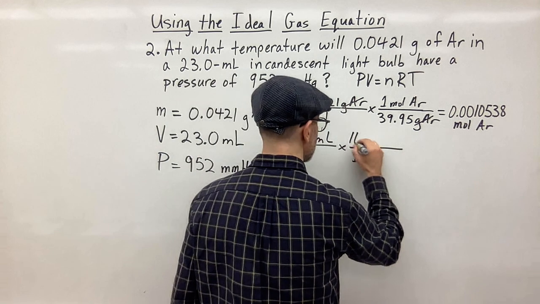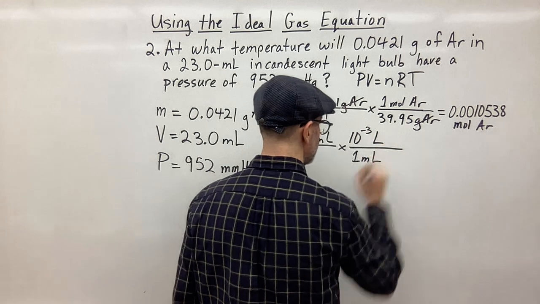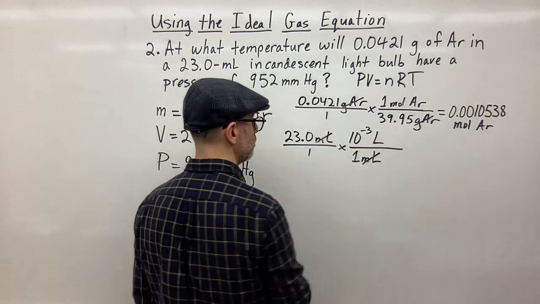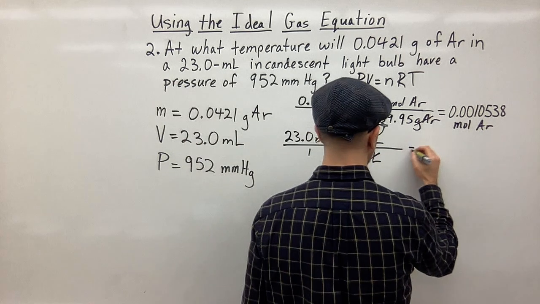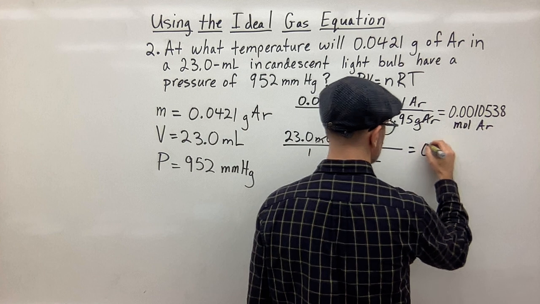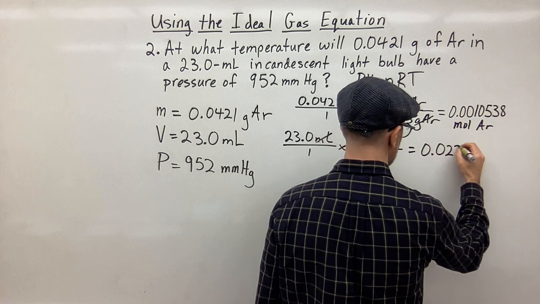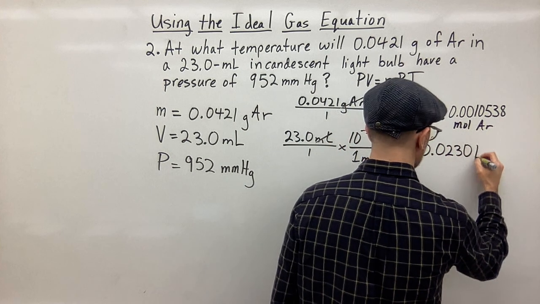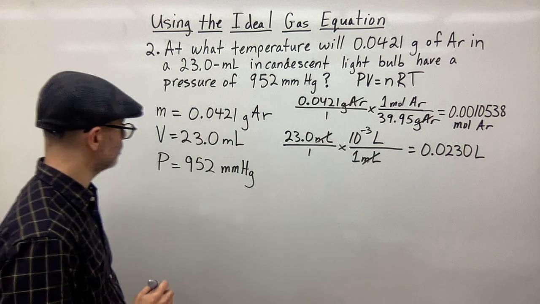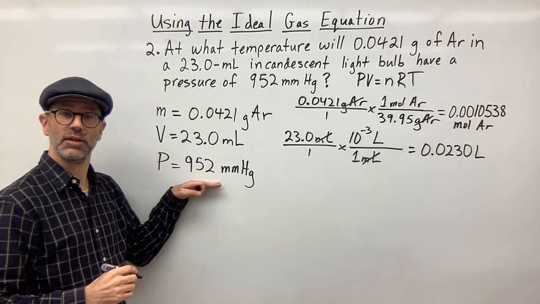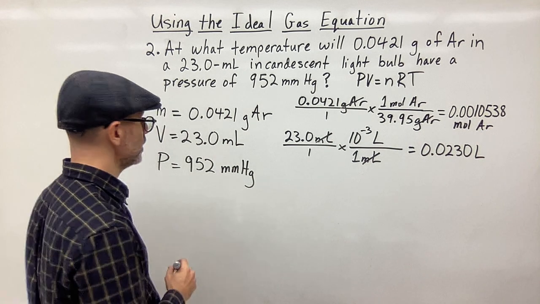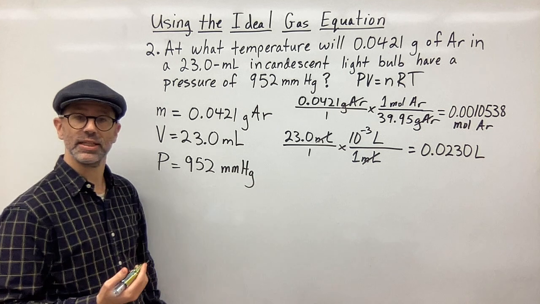So that's going to be 10 to the negative 3 liters. Then milliliters cancels out, and I get the volume in liters, which is 0.0230 liters.